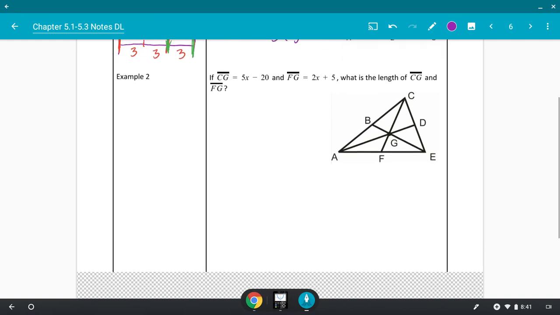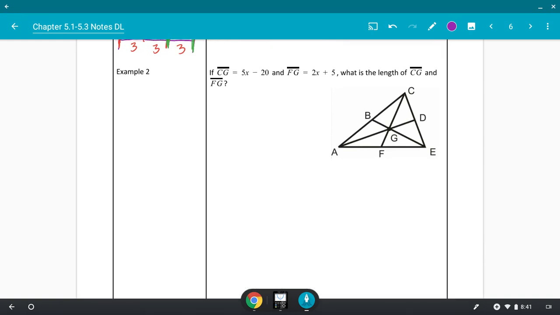All right. Then the last example we have here says that segment CG is 5x minus 20, and FG is 2x plus 5. What is the length of CG and FG?